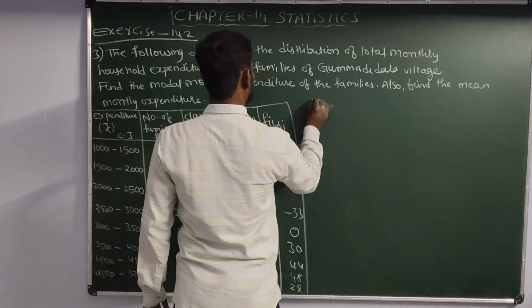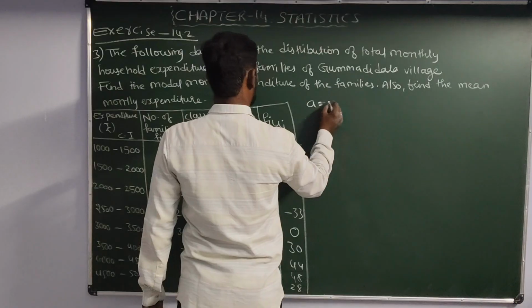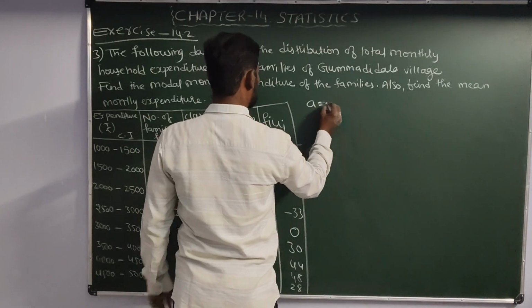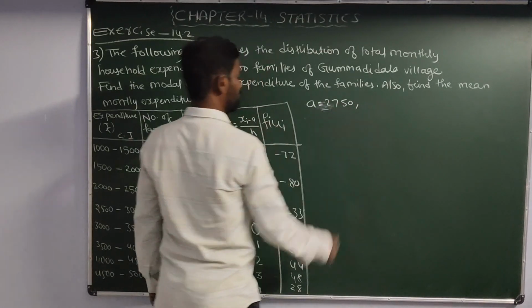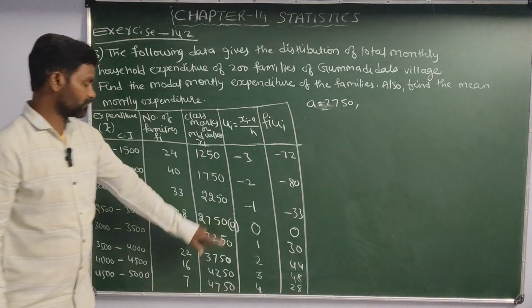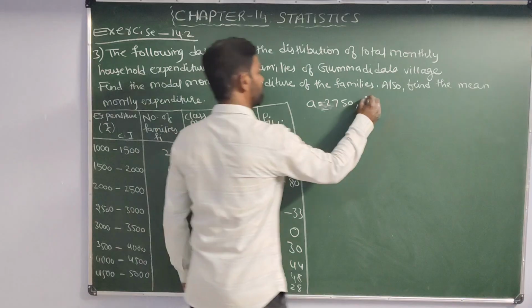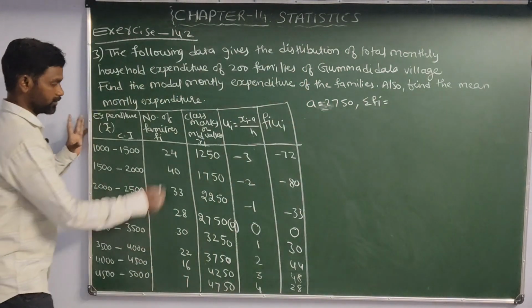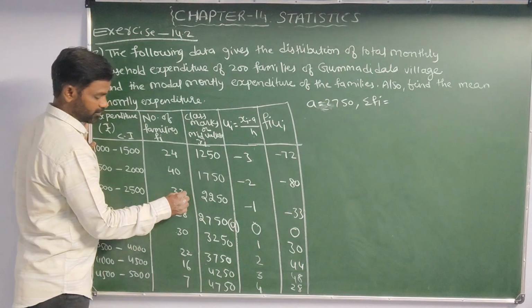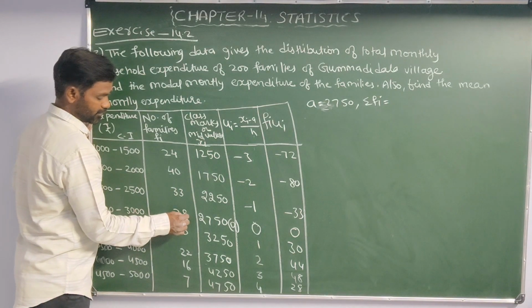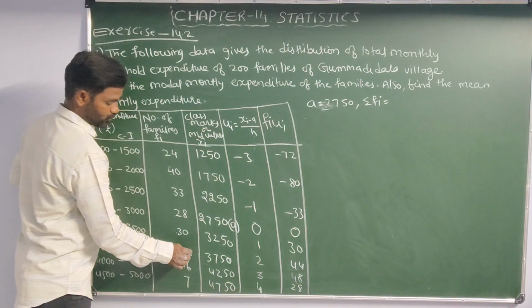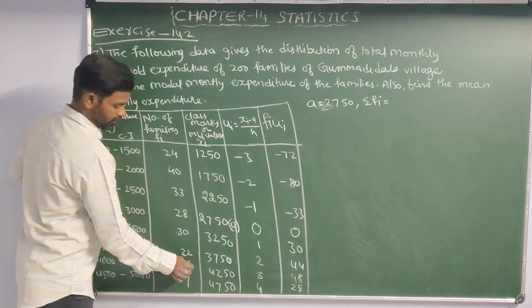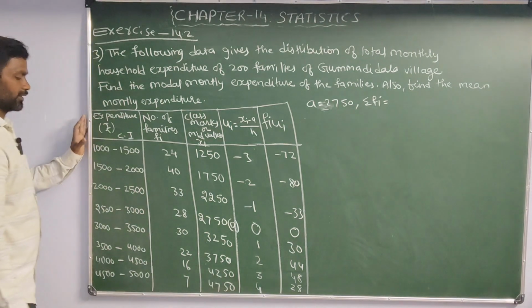First you write the assumed value A is equal to 2750. Next, sigma Fi. What is the sigma Fi value? Let us add all these values. 4 plus 3 is 7. 7 plus 8 is 15. 15 plus 2 is 17. Plus 6 is 23.